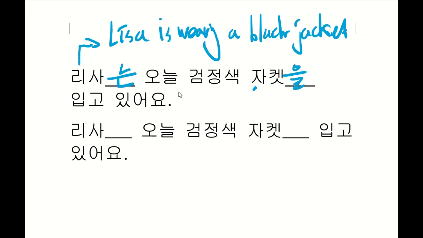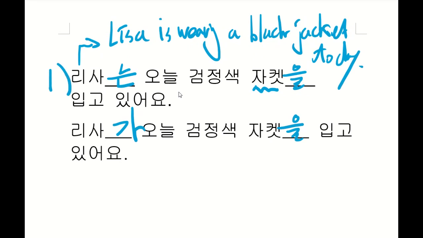Jacket is a Konglish word. Okay. 리사가 오늘 검정색 자켓을 입고 있어요. So the first one, 리사는 오늘 검정색 자켓을 입고 있어요. So it's about the general description today. Today's Lisa. 리사는 오늘 검정색 자켓을 입고 있어요.